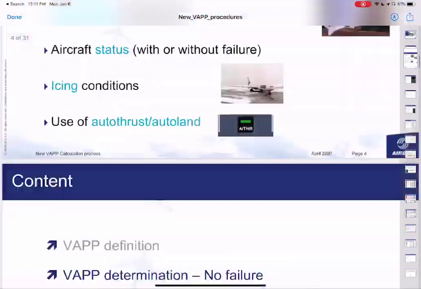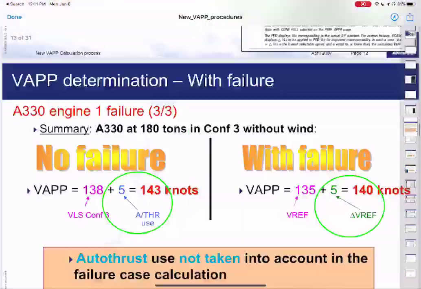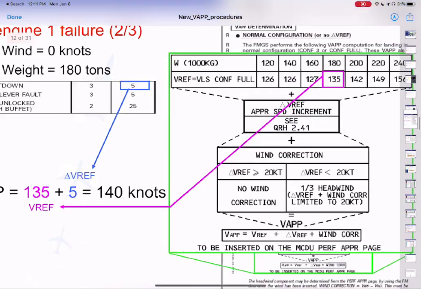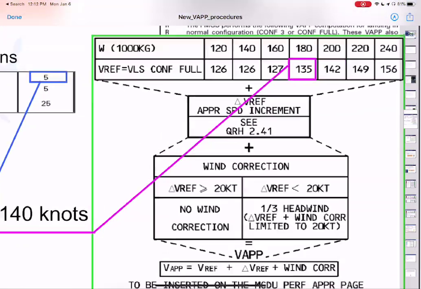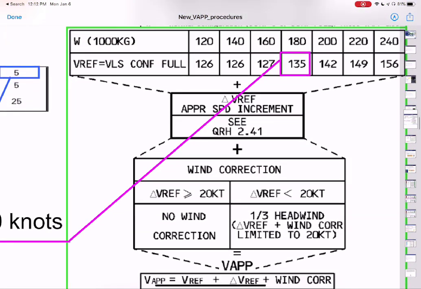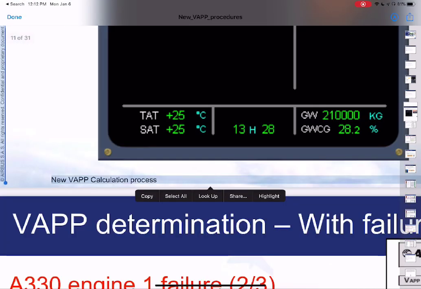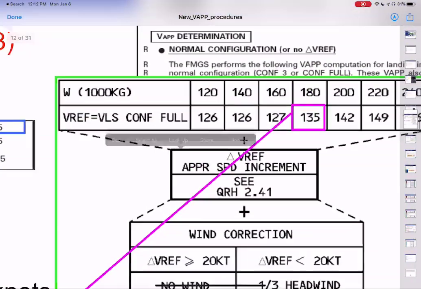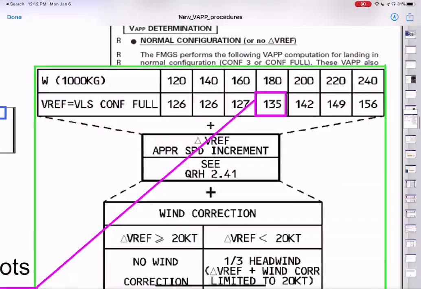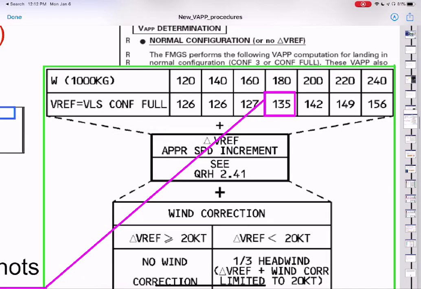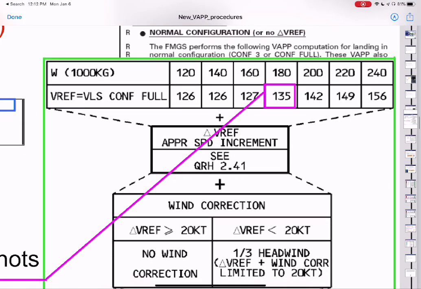There we go. So, coming down here, we've got a little chart that I found for the A330, right? What we've kind of figured out is for every 20, this is the A330 speeds. The weight's up the top here, right?